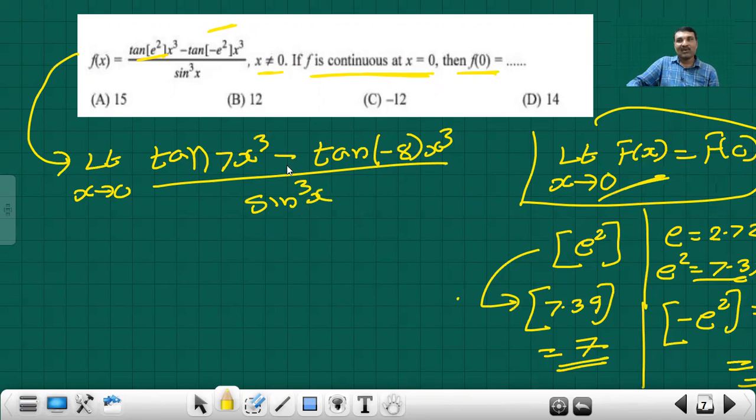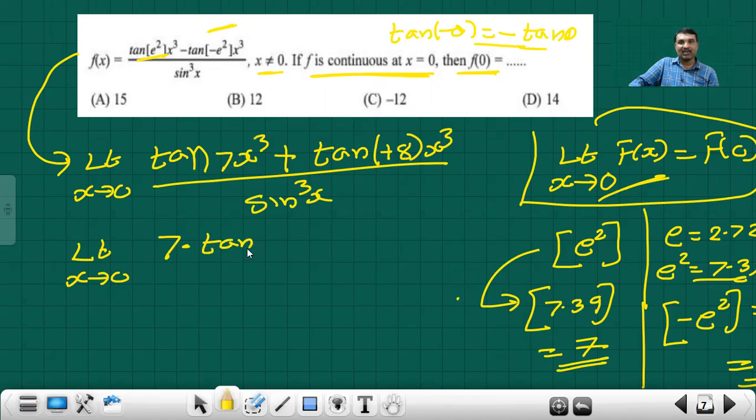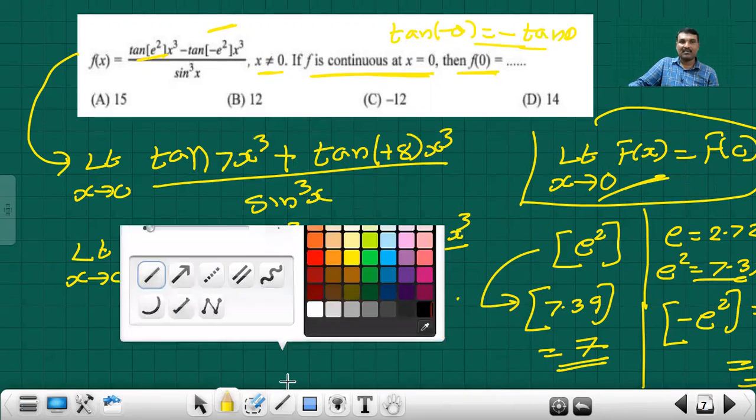So we know that tan of minus theta is equal to minus tan theta. So this becomes plus. So we can write this limit as limit x tends to 0. I am making some mathematical manipulation so as to convert it to standard form. This angle is 7x cube, so the 7 and 7 will cancel. The x cube is added additionally into tan 8x cube divided by 8x cube.